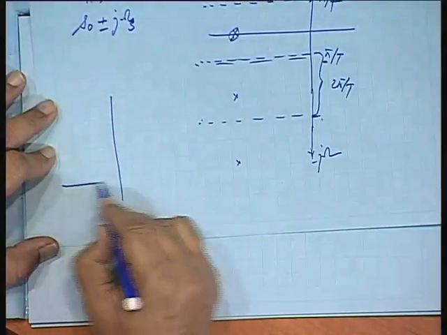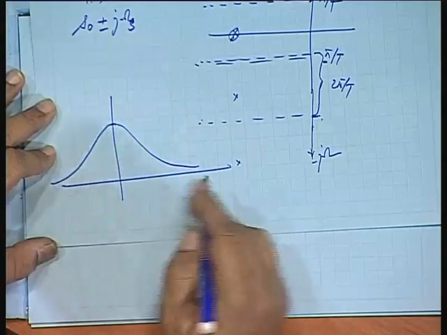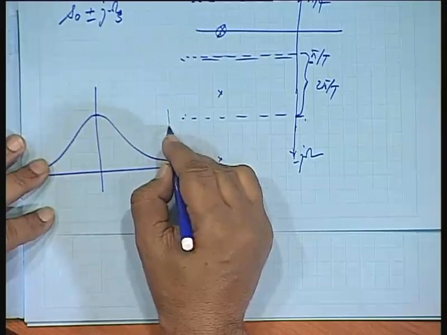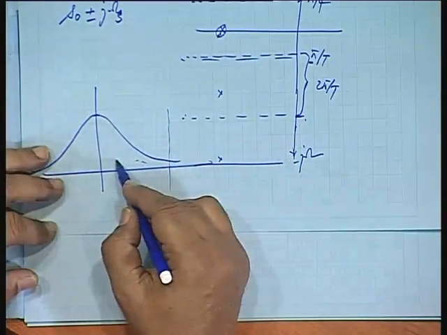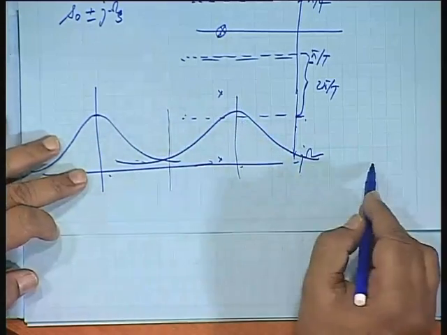You remember, if the frequency spectrum of a signal is given like this, and if you keep on sampling at a regular interval, then the frequency response for the sampled signal is repeating after every 2 pi, is it not?